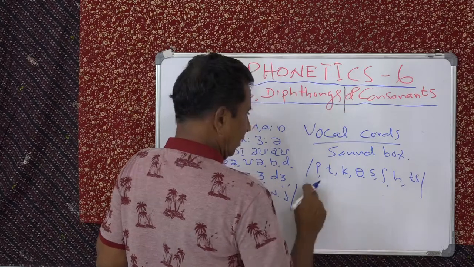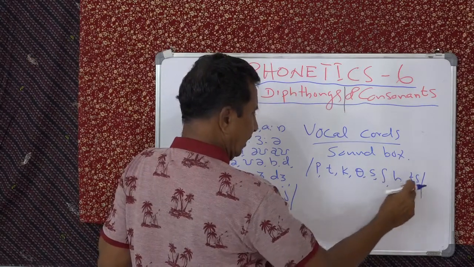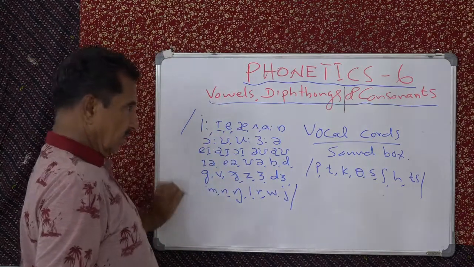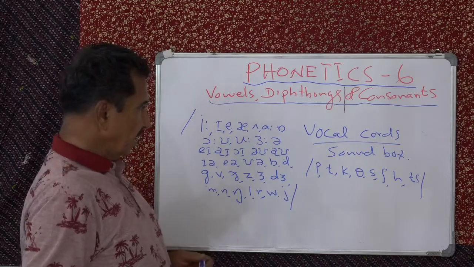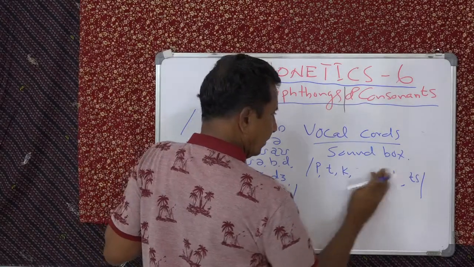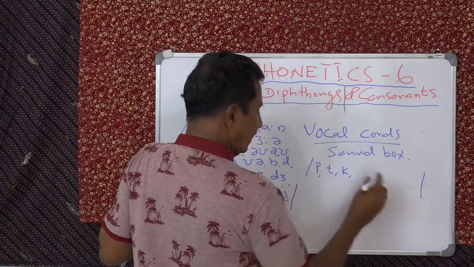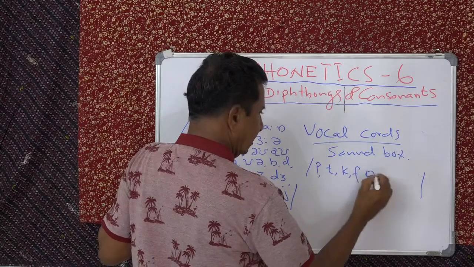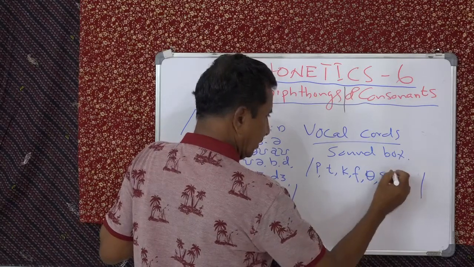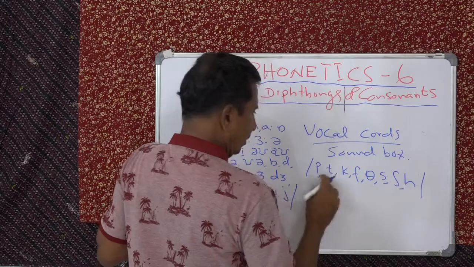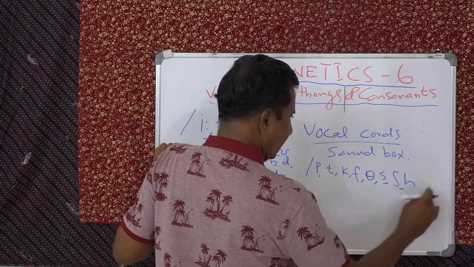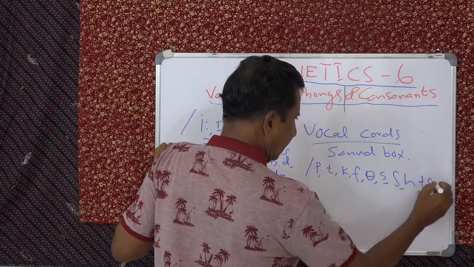So this is 1, 2, 3, 4, 5, 6, 7, 8, and Ch, 9.